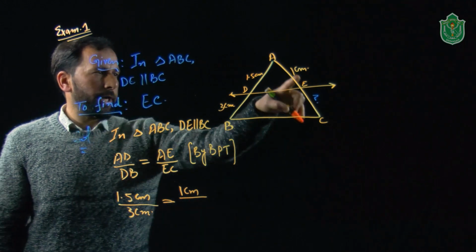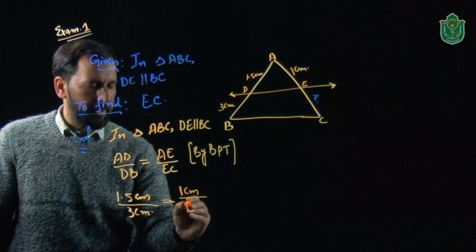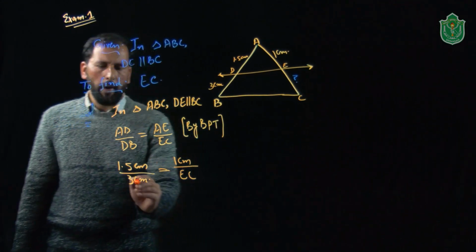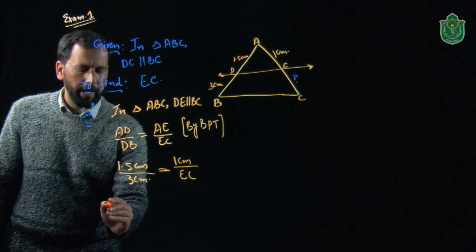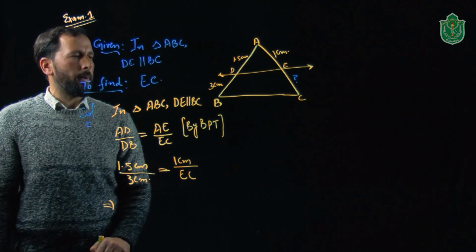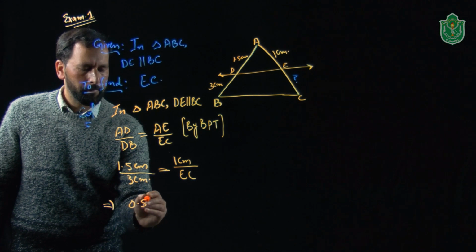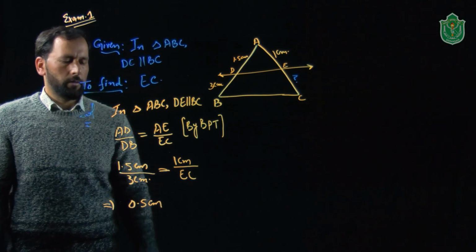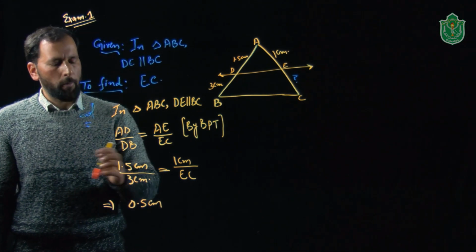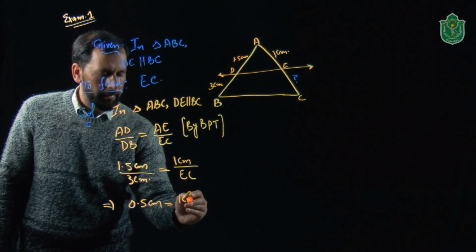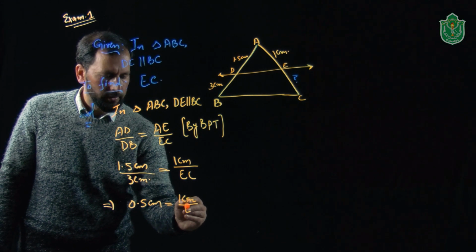And this EC is to be found; we can write it the same as EC or CE. So here, when we multiply the two, can we write it as 1.5 upon 3 is equivalent to 0.5? After cancelling 1.5 and 3, it is 0.5 is equivalent to 1 centimeter upon EC.